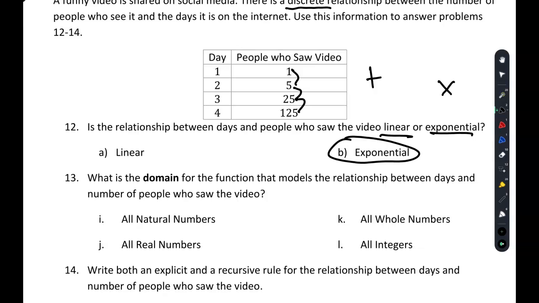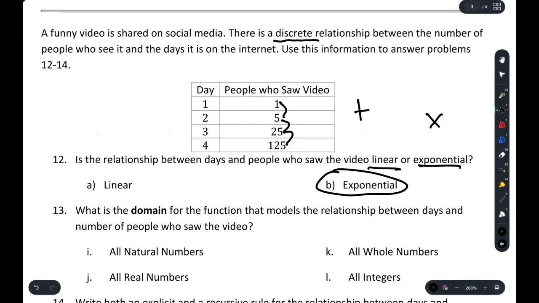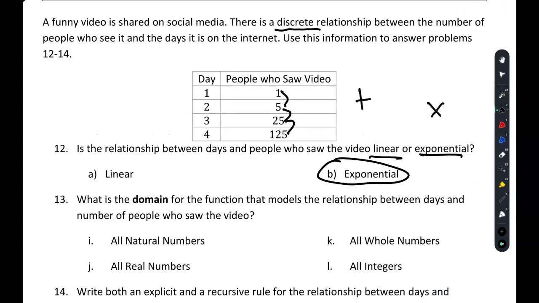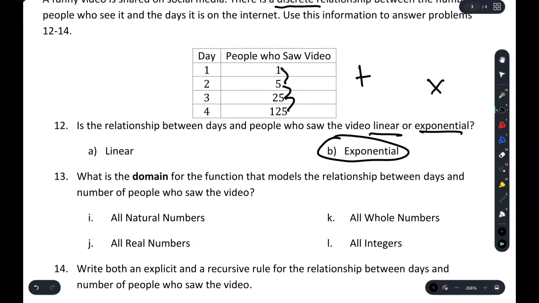All right, next up, what is the domain for the function that models the relationship between days and the number of people who saw the video? Since it says that it's discrete, it can't be fractions.